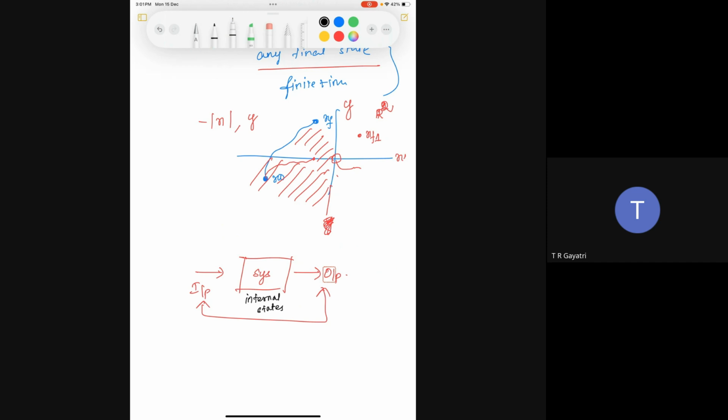Or I can say at what time the car starts from the origin and how much time it takes to cover that distance, that I can understand. So this system is observable with only the outside information, the input and output information. If I can retrieve the internal state information, then the system is observable. Otherwise, the system is not observable.